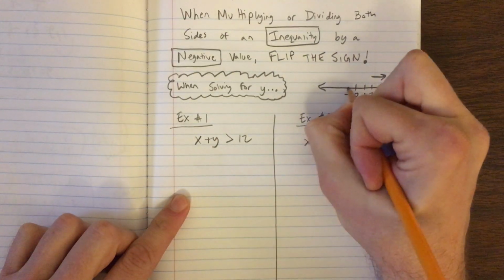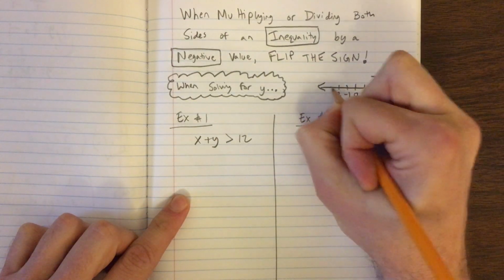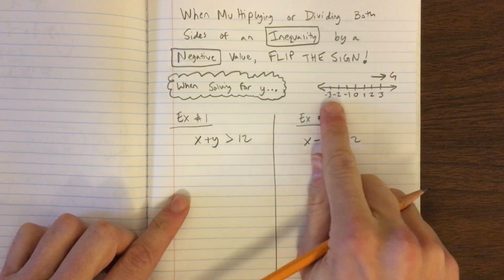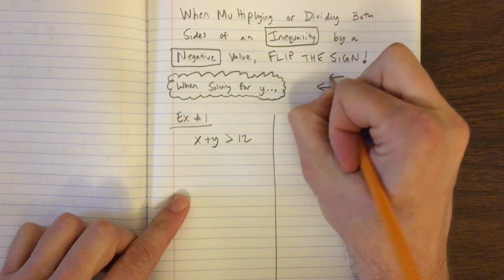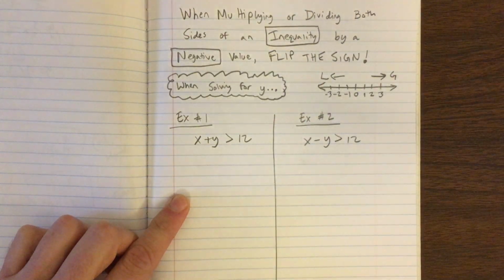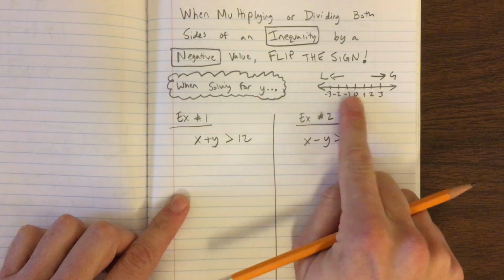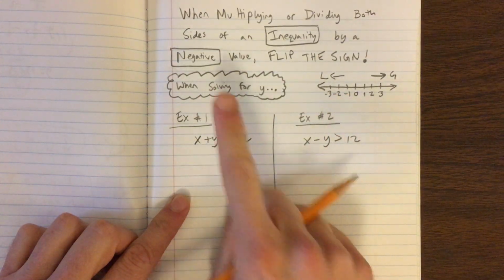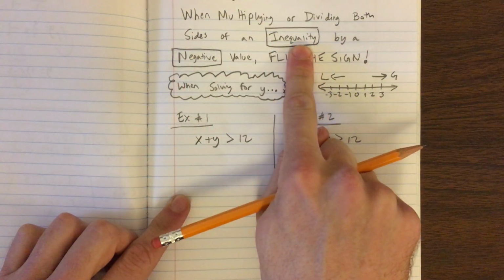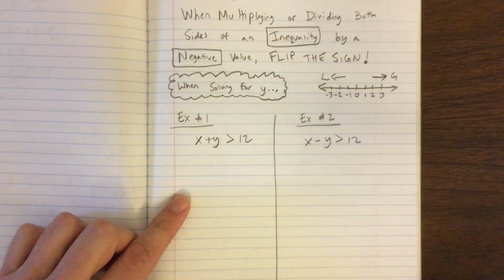But on the left, you'll notice the actual value is getting bigger. It's moving further away from 0. But as they do that, they're going down. So it's kind of the opposite of what you would think. And so because of that, when we encounter negative values in an inequality, we need to flip the sign.